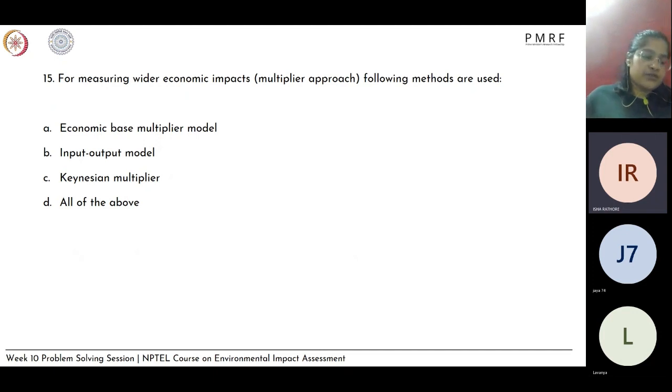So moving on to question 15. For measuring the wider economic impacts, that is the multiplier approach, the following methods are used. A, economic based multiplier model, B, input output model, C, Keynesian multiplier, or D, all of the above. So we talked about these in the lecture on social impact assessment, where we looked at the three methods for the multiplier approach for measuring the economic impacts.